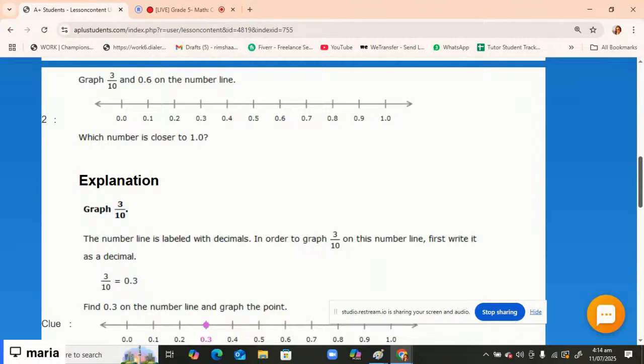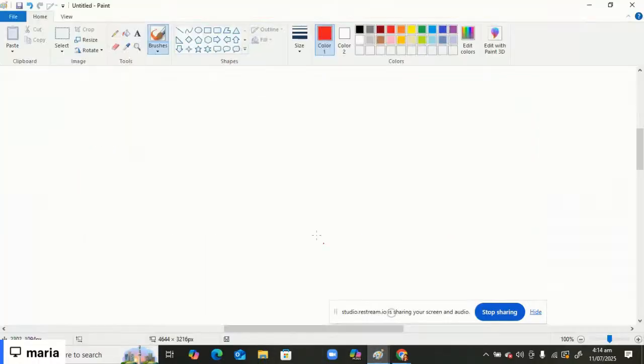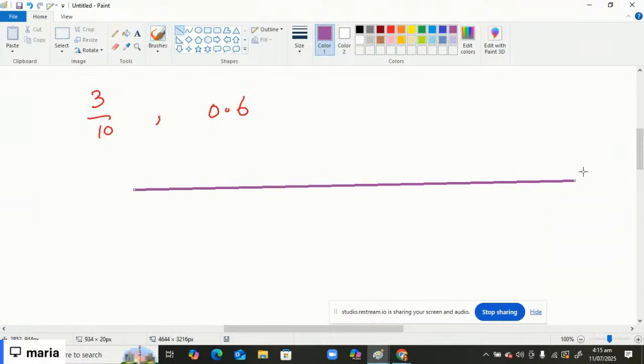3 by 10 and 0.6. Okay, let's see. This is 3 by 10 and then 0.6 on the number line. So here is the number line. First of all, we draw it. 0 and 1.0.